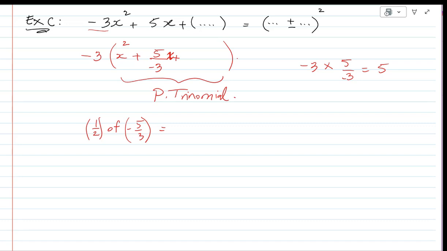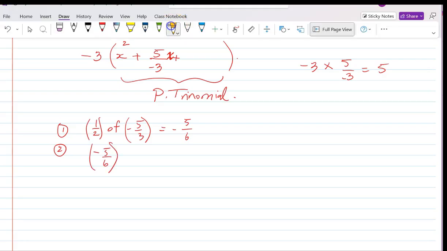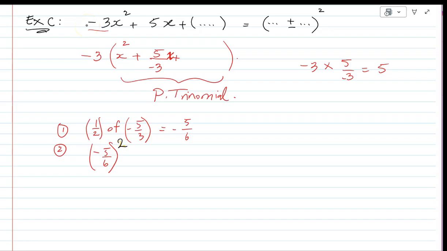So that means half times 5 over 3, that would be 5 over 6, and that's a negative. That's step 1. Step 2 is you get -5 over 6, and then you have to square it. Okay, you have to square that, and what will you get? Final answer is 25 over 36.